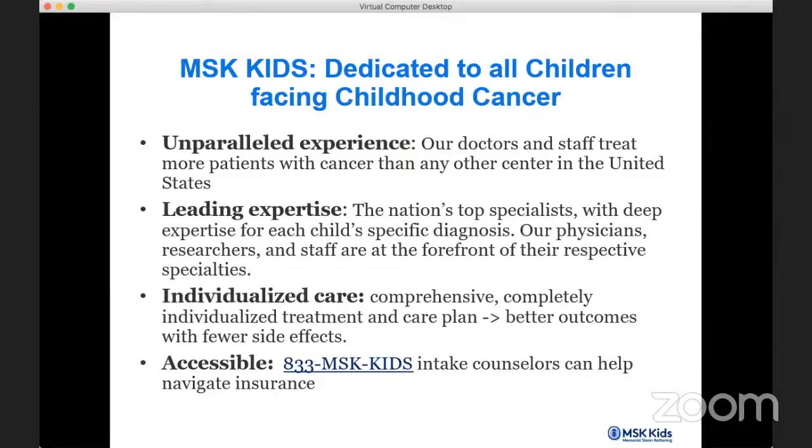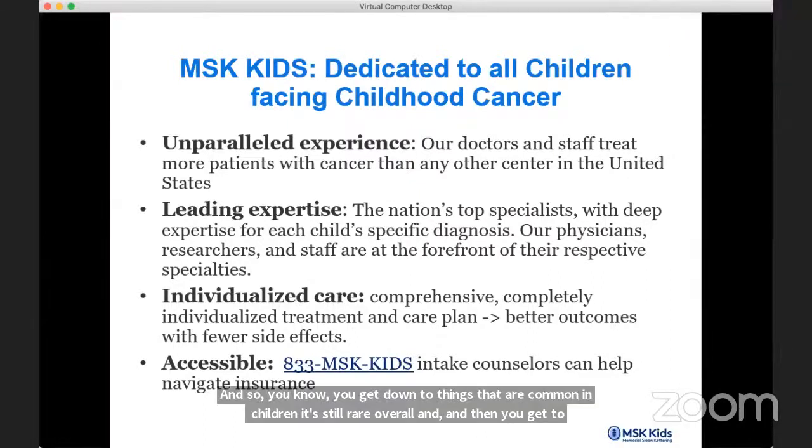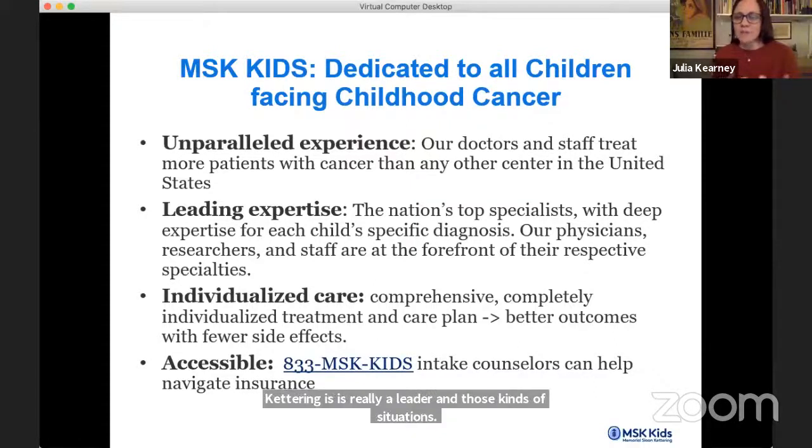So people who come here are getting leading expertise across the board, not just their oncologists, but their psychosocial staff, their nurses. Everybody is at the top of their fields and leading their fields and teaching nationally and internationally.